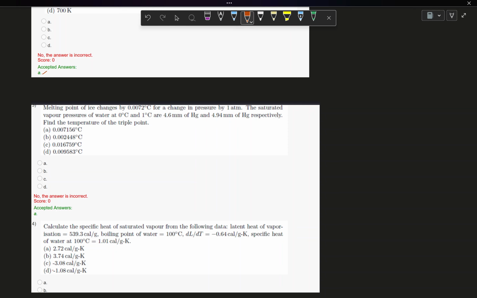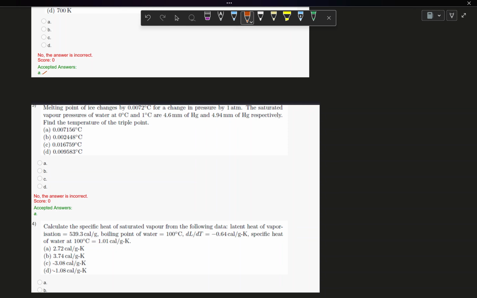So you are told that the melting point of ice changes by some amount. So dT is given as 0.0072 degree centigrade for a change in pressure dP, which is given here as 1 atmosphere. Now the saturated vapor pressure P of water at 0 degree centigrade is given and at 1 degree centigrade is also given.